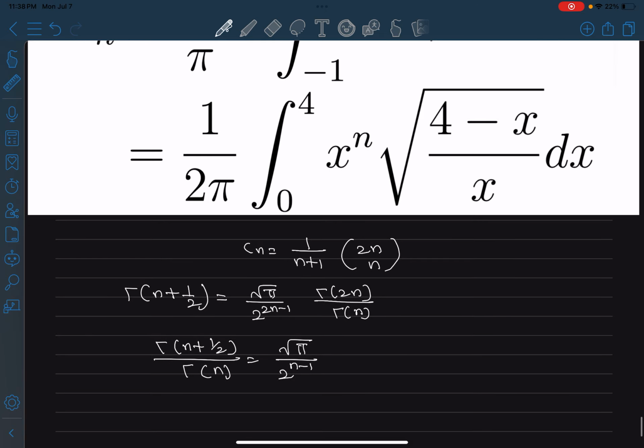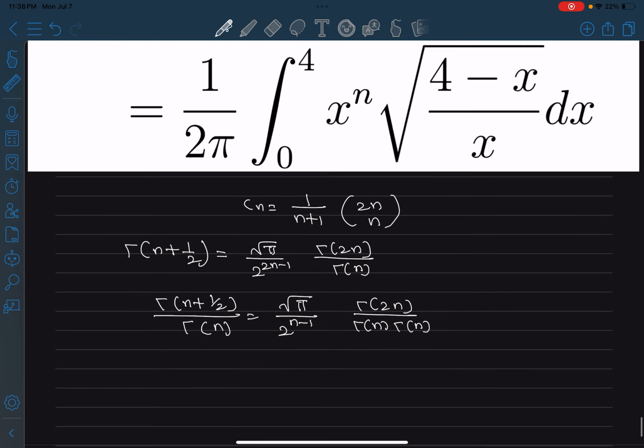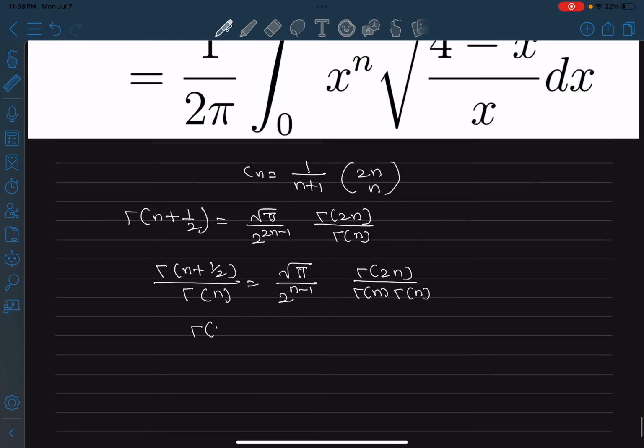Okay, so this becomes gamma 2n by gamma n, right? And we know that gamma of n is just n minus 1 factorial. So this is 2n, root pi by 2 to the power 2n minus 1, and then 2n minus 1 factorial by n minus 1 factorial, n minus 1 factorial.